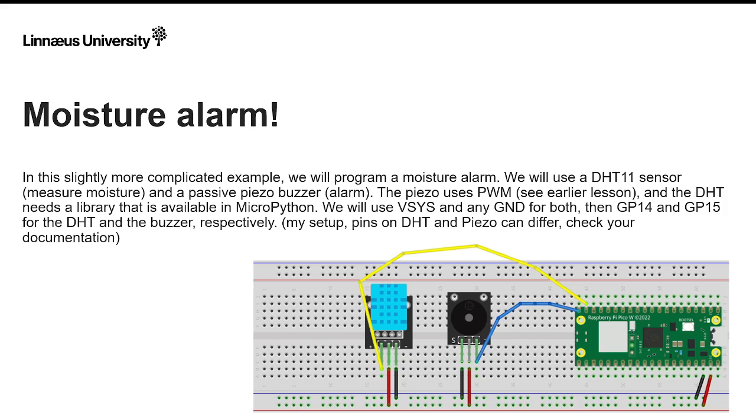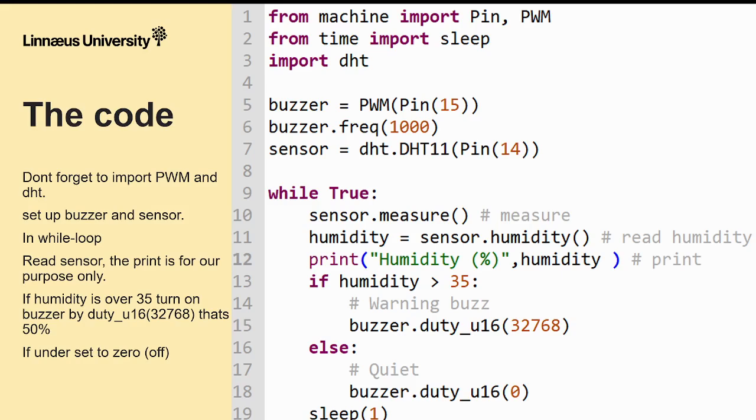So it's a moisture alarm using one sensor and one buzzer, and just an if statement to check if the moisture is too high, it will turn on. And the code here, the most important thing is don't forget the PWM and the DHT protocol.